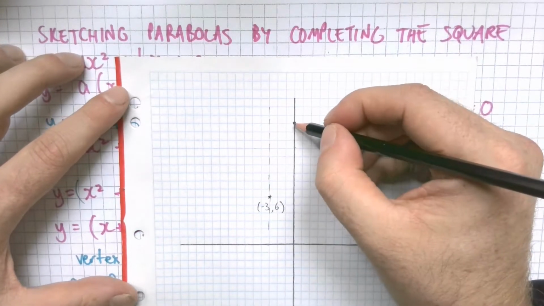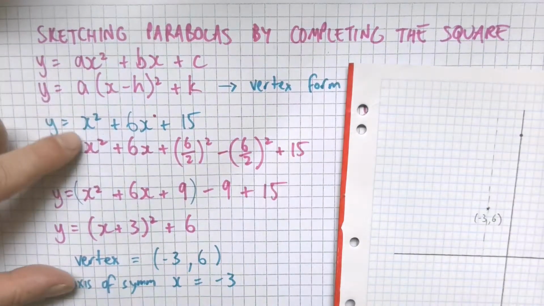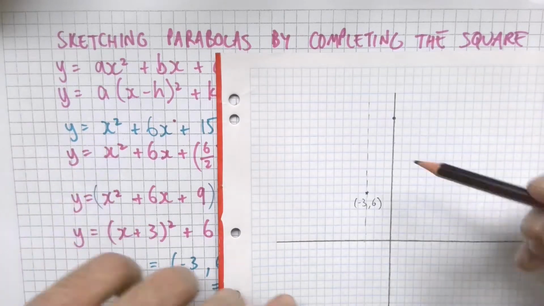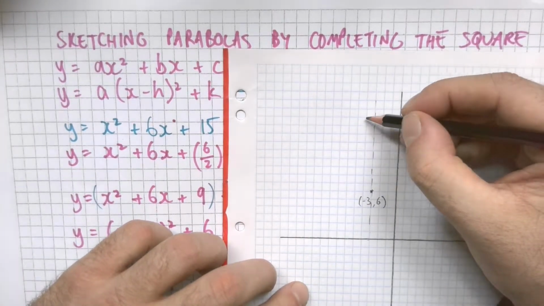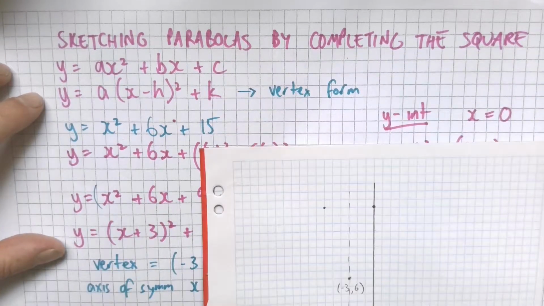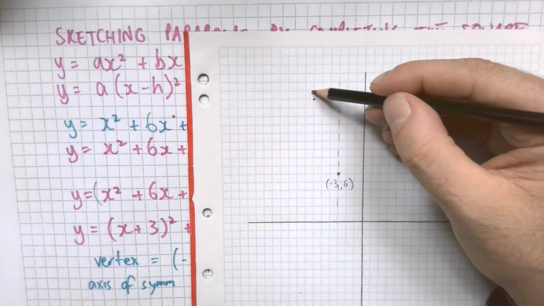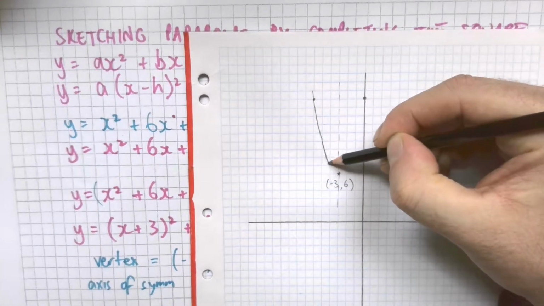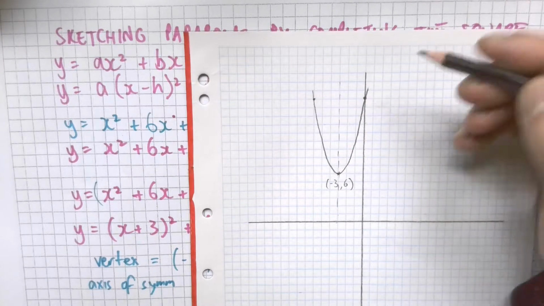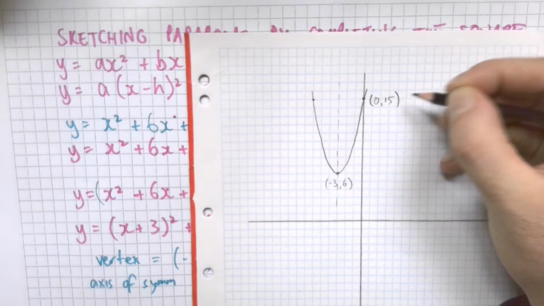Knowing that parabolas are symmetrical, and the value of a being positive 1, so my parabola will open upwards, this is also a point on my parabola. Based on that, I can look at it and say this parabola is not actually going to be crossing the x-axis at all. So there are no x-intercepts on this parabola. And that point again was (0, 15).